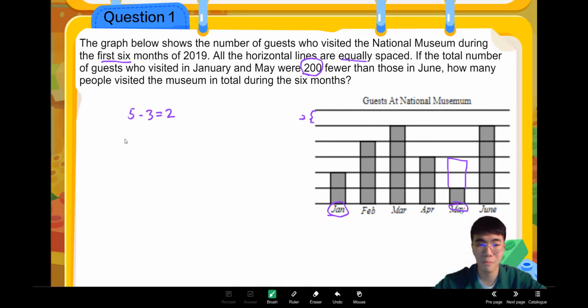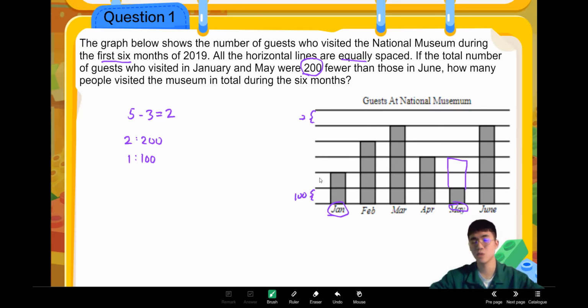And these 2 spaces indicate a 200 difference, which means each space is 200 divided by 2, we get 100. So every space, starting from here, is 100.